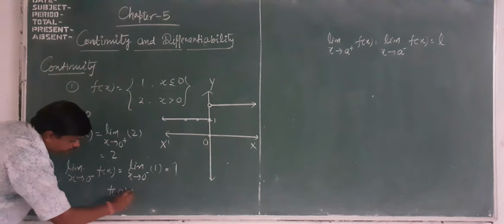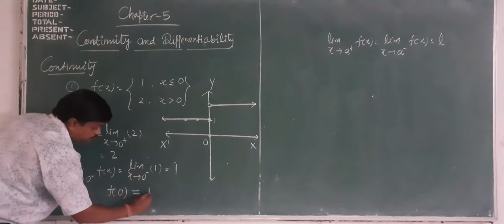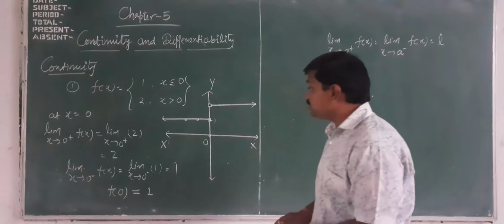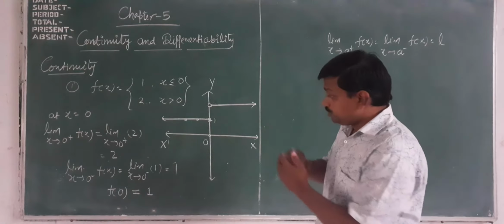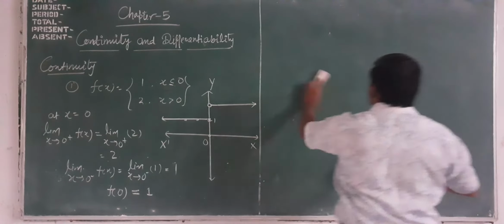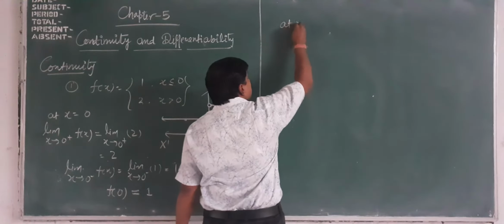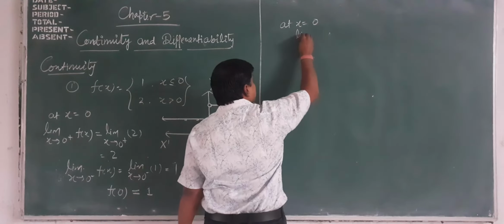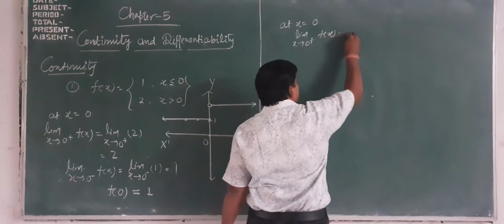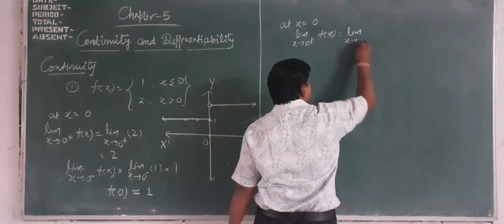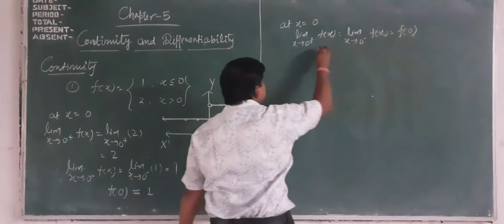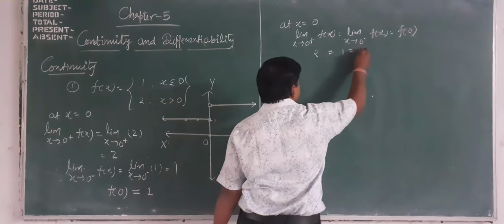And at x equal to 0, the value of the function is also 1. We can easily see that the limiting value of the function is not equal to the exact value of the function. So at x equal to 0, limit x tending to 0 plus f(x) is 2, limit x tending to 0 minus f(x) is 1, and f(0) is 1.